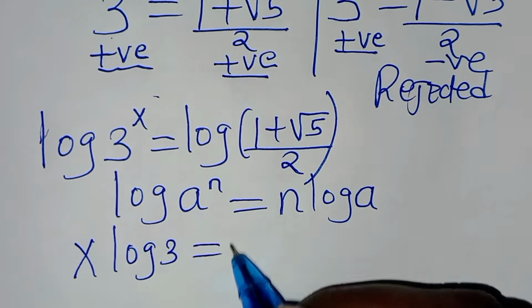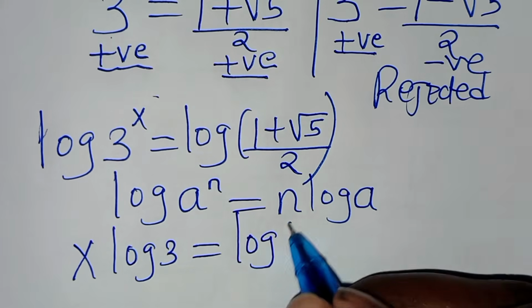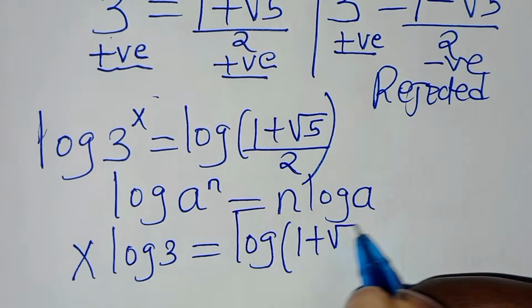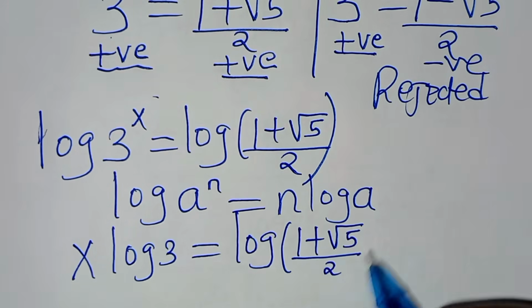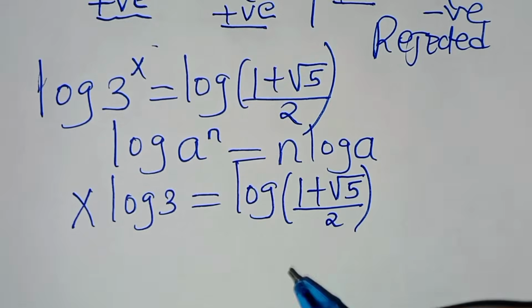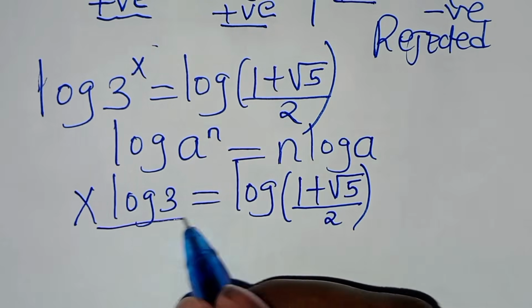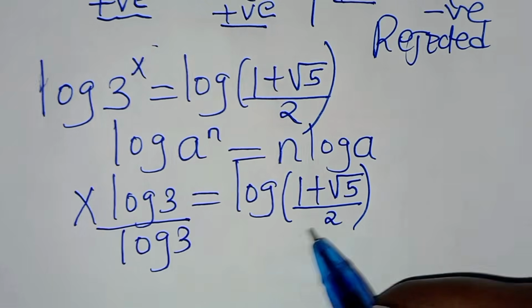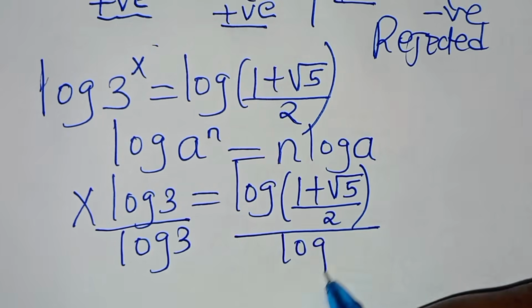This is equal to log of (1 plus square root of 5) over 2. And therefore, let's divide both sides by log 3.